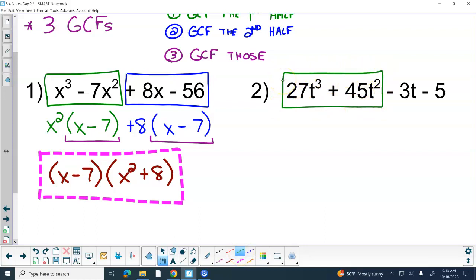GCF first half. 9t squared. I like it. What's left over? 3t minus 5. Plus 5. Wait. Plus 5. Okay. GCF second half. T. No. Because the 5 doesn't have a t. Negative 1.